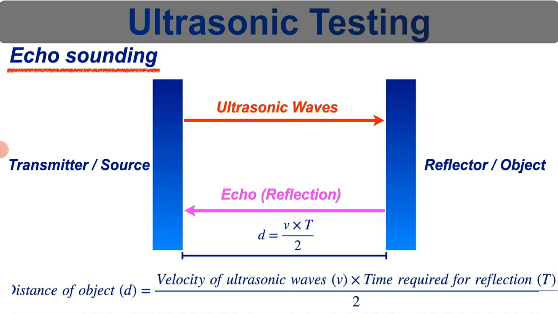Echo sounding: the distance of the object is equal to the velocity of ultrasonic waves, denoted as v, into the time required for reflection, divided by 2, that is vT/2. First one is the transmitter or source, second is the reflector or object.